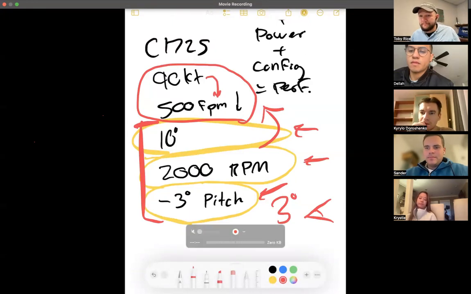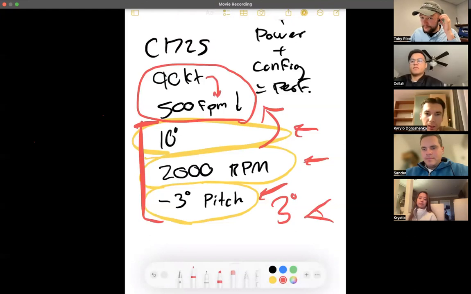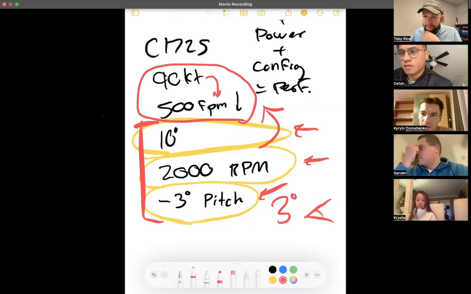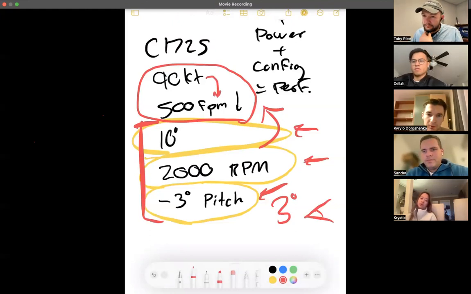Go ahead. I think it will work only if you fly at the same elevations all the time. When your elevation becomes higher, you have to take more power. Exactly.